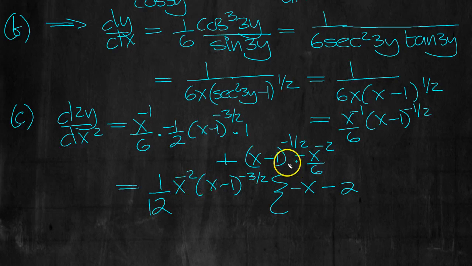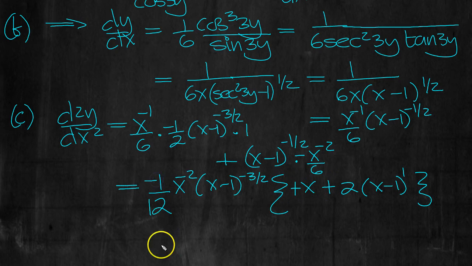x minus 2 is already there, but we've got a minus 3 over 2 here. We've already got that inside, so we're going to need an x minus 1 to power 1. So that when you times it, you get minus a half. Close brace. Now I've got a minus here and a minus here, so I'm going to take those two as both pluses and put the minus there.